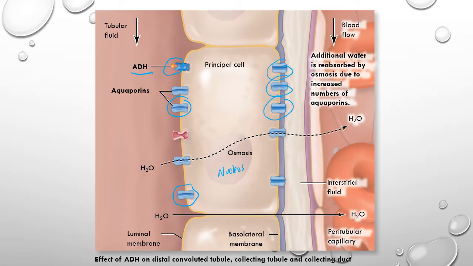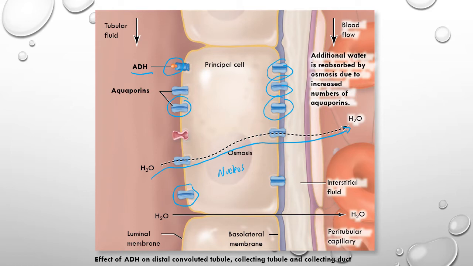This is going to allow water to flow through the cells, from the tubule in towards the capillary. So it's going to allow for more and more reabsorption of water, and water is going to move back into the peritubular capillaries. As we get more and more of those aquaporins, more water gets reabsorbed.